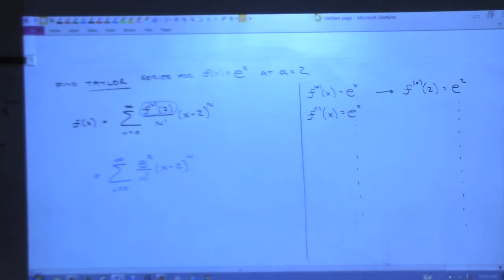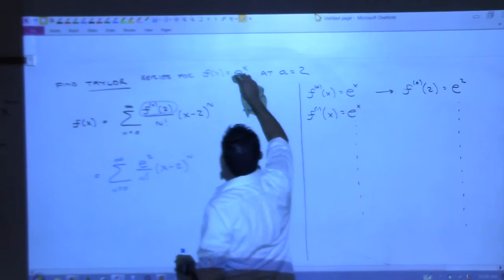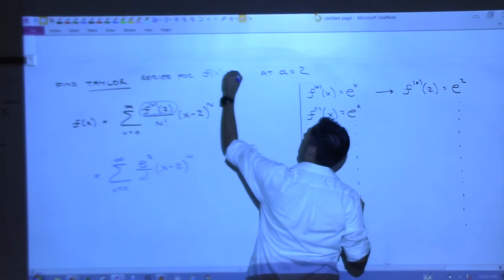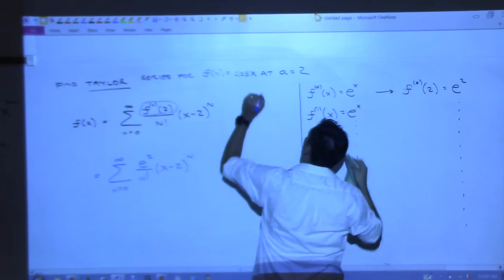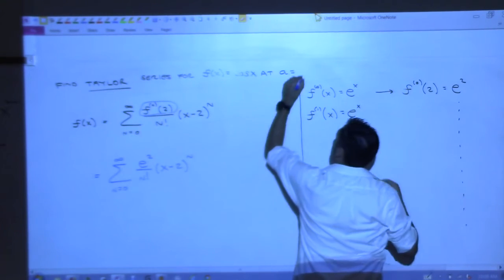Okay. Let's try this one. Let's do f of x equals cosine x at a equals pi over 2.